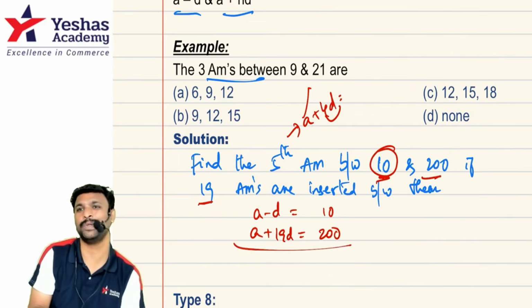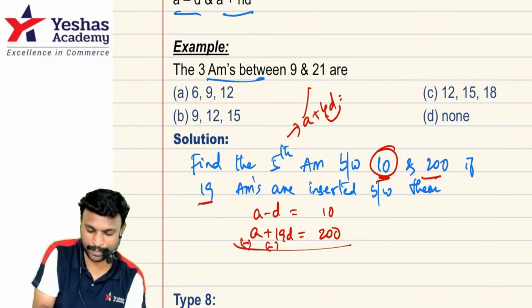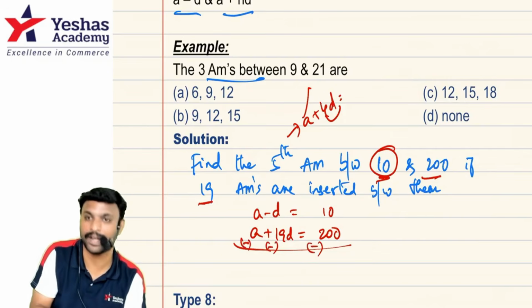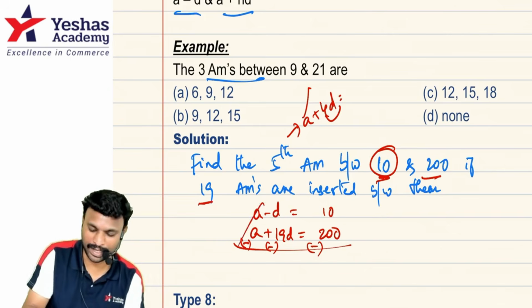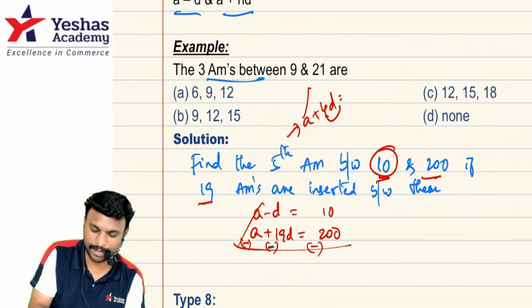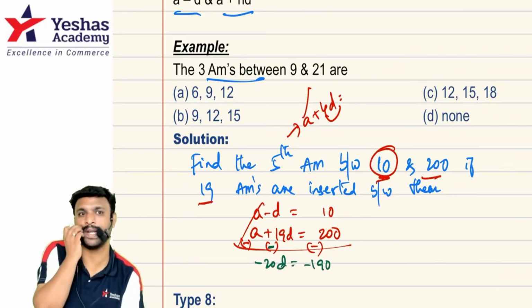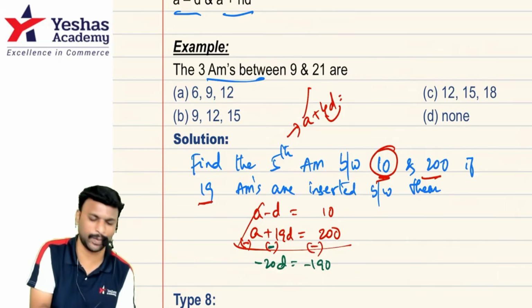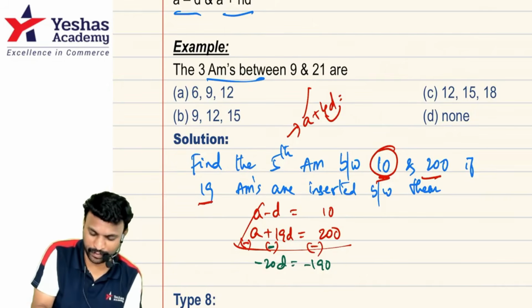Now I'll solve the two equations to get the value of D, by subtracting the two equations. If I subtract, then only A and A will get cancelled. Minus D becomes minus 19D, that is minus 20D. 10 minus 200 is minus 190. Minus minus cancel. So 190 by 20 is 9.5.